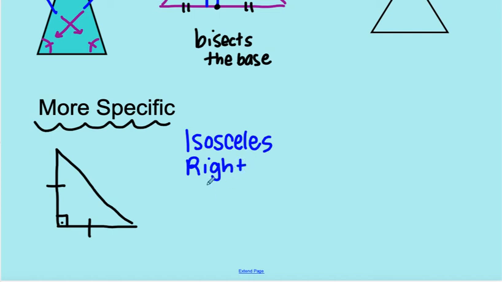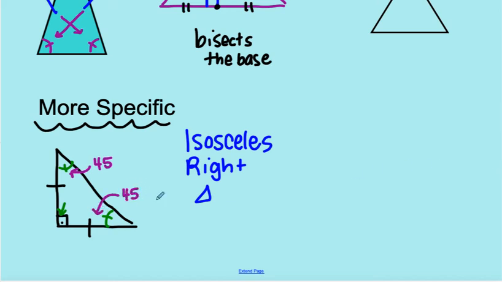Well, the interesting thing about that is if that's 90, and then these two base angles are equal, because those would be the base angles, the angles opposite the congruent sides, well, they'd have to add to 90 because they have to all add to 180, which would make each one of these 45 degrees.